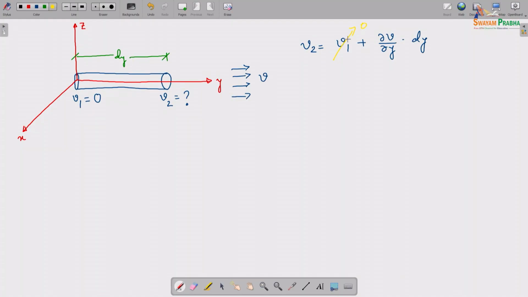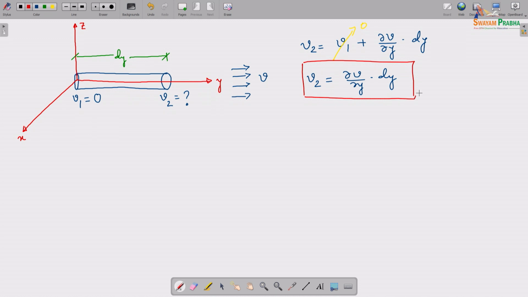In this case, of course, we have set V1 to be 0. So therefore V2 is essentially this, and we have the change in the velocity, which looks like this.